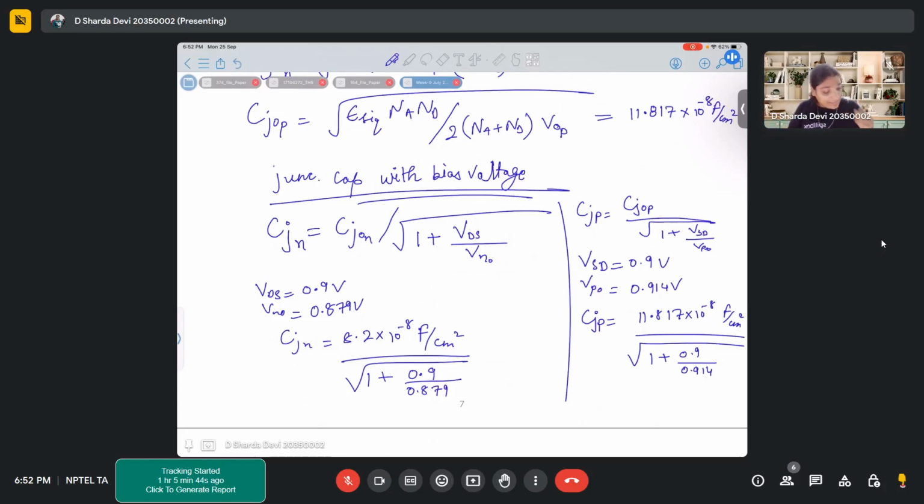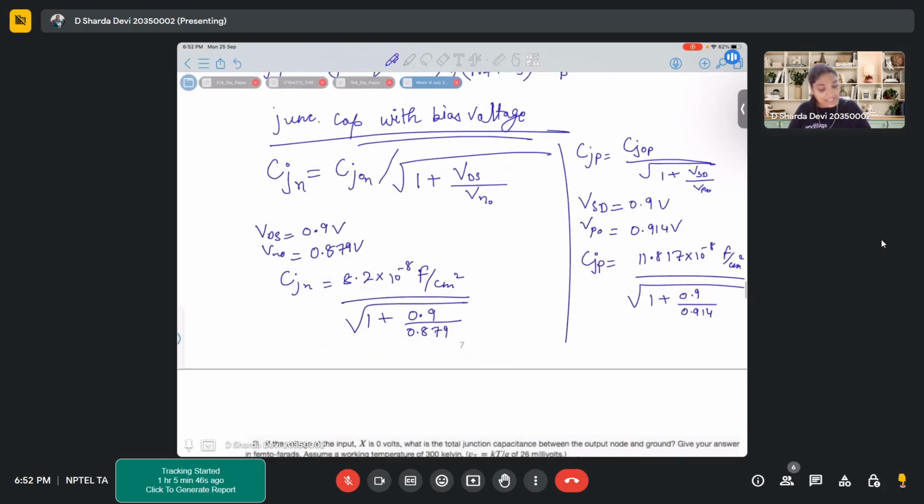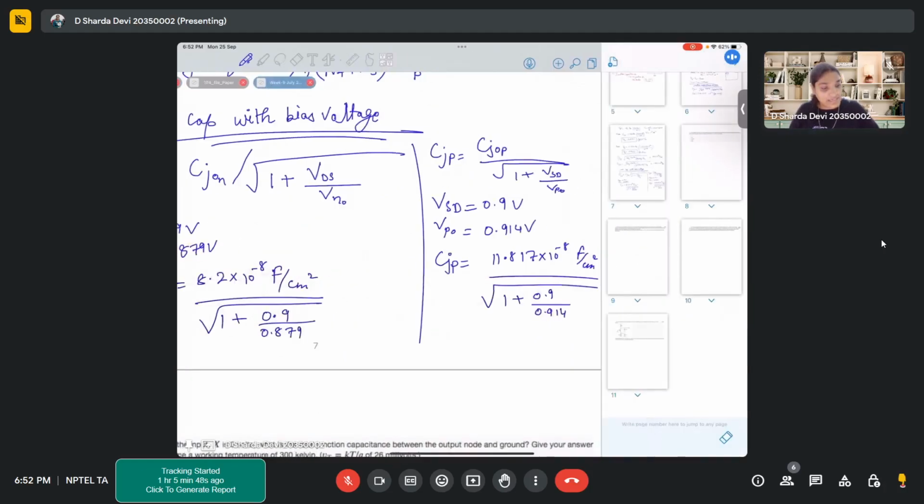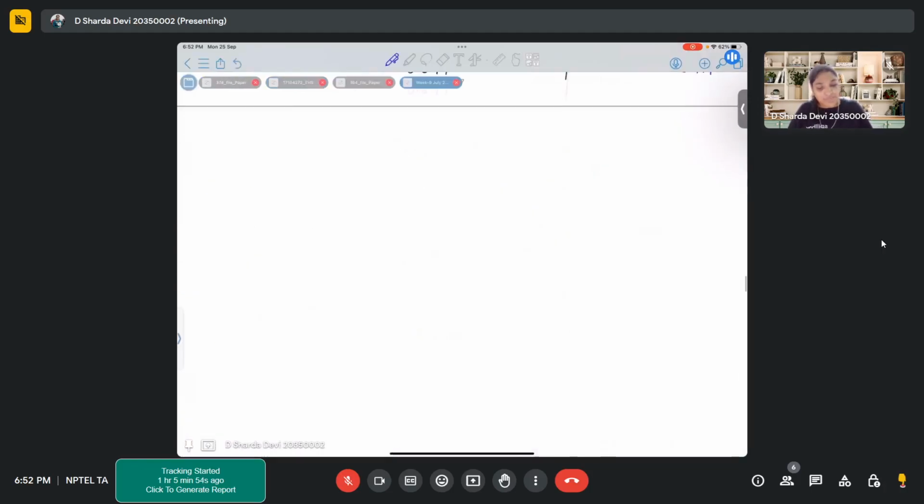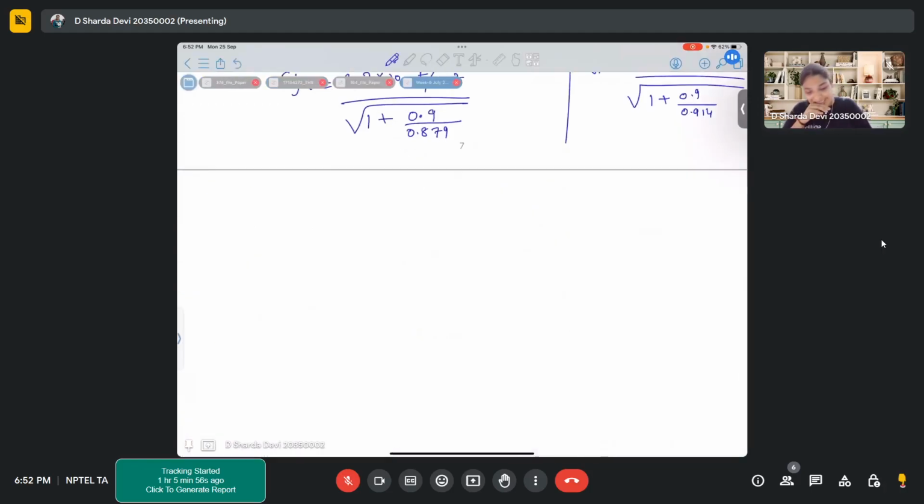This is the capacitance that we get, but this is per unit area capacitance, as I already mentioned. If you want to calculate the total capacitance, how would you calculate it?